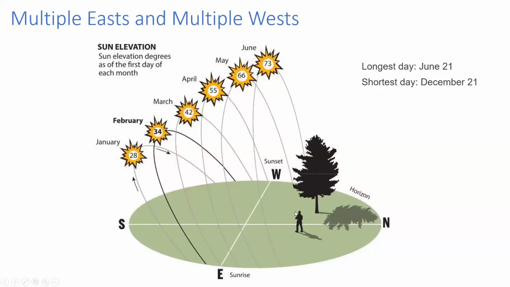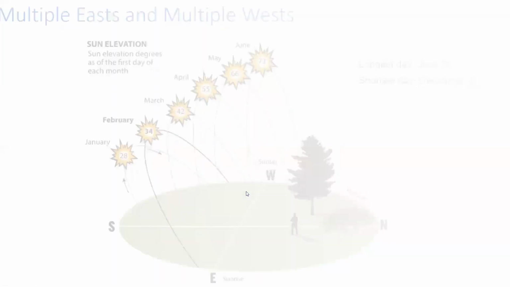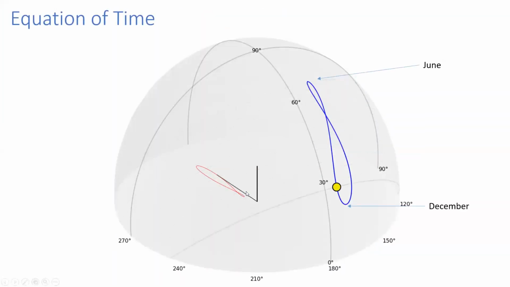Noon is defined as the shortest shadow length. If you monitor the point where the shortest shadow length is happening and trace it, you will see the shadow length at noon changes from one month to another, and it keeps changing in a pattern.